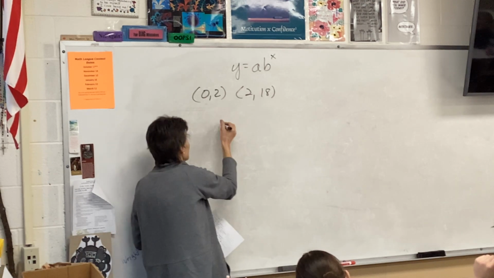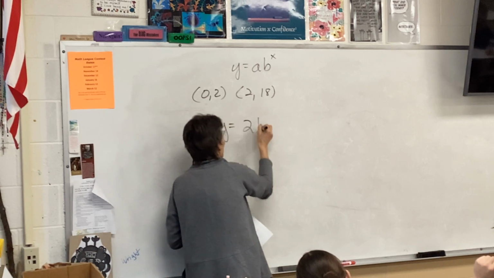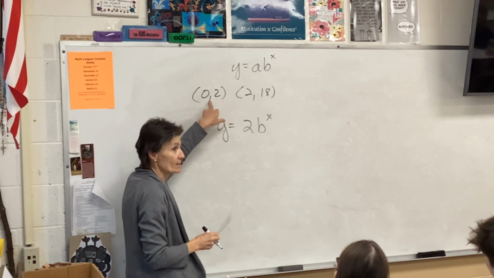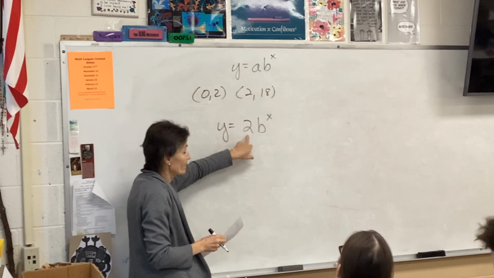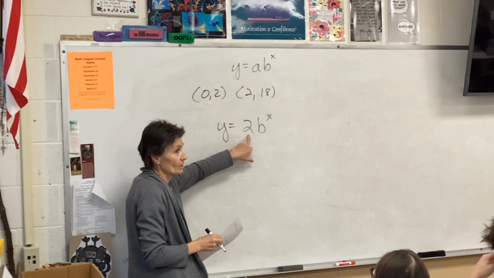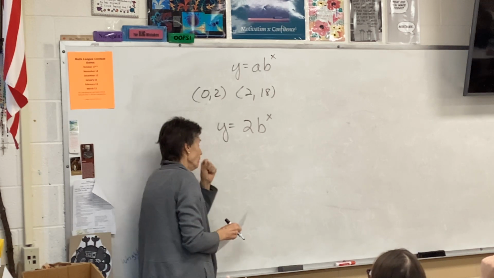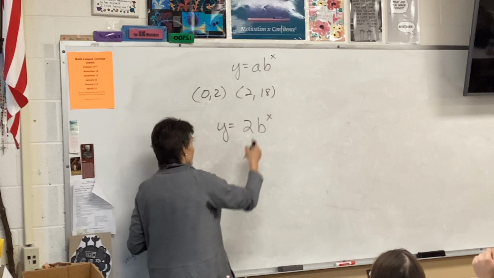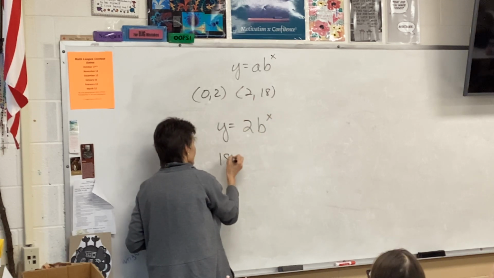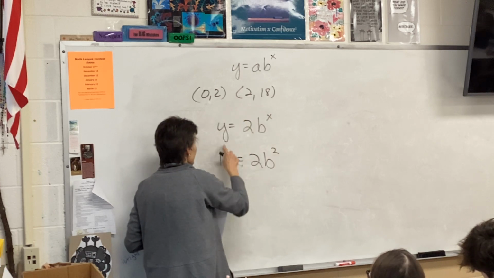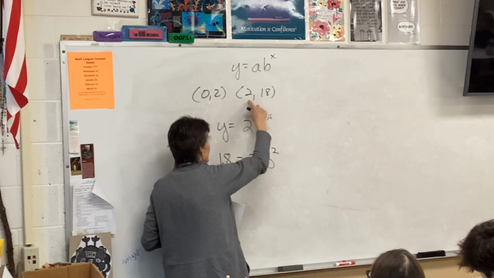A is 2. So we know that our initial value is the number hooked to the 0. So now, how do we find b? Plug in that point right there. So 18 equals 2b to the second.